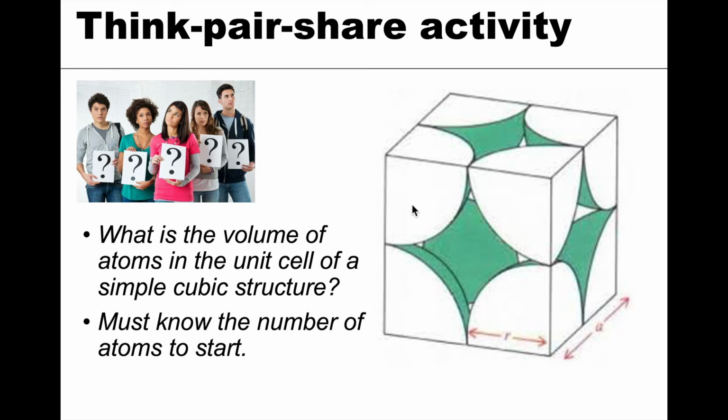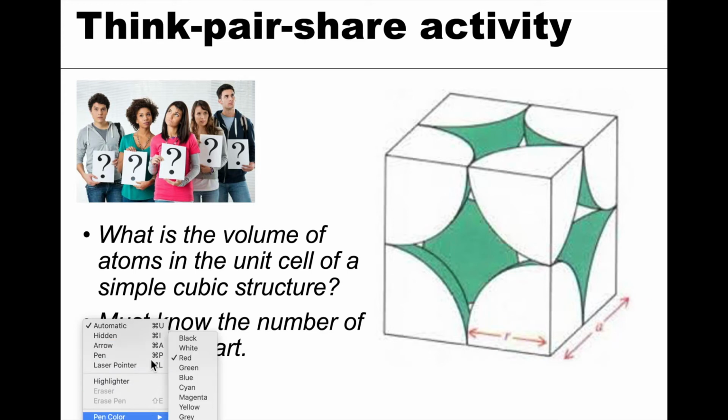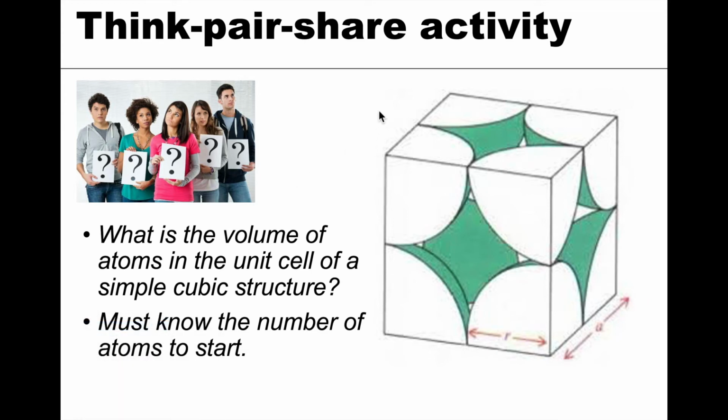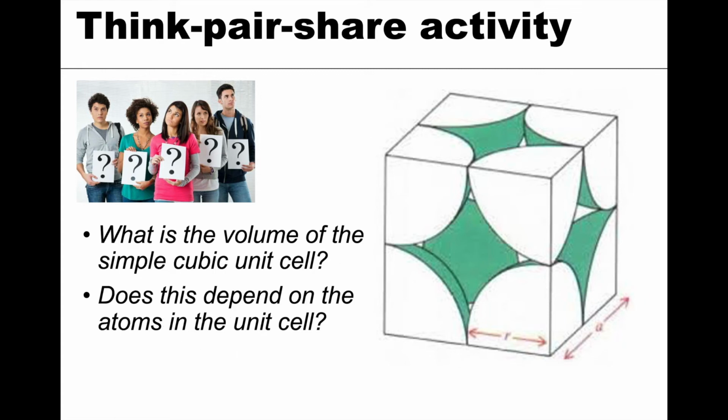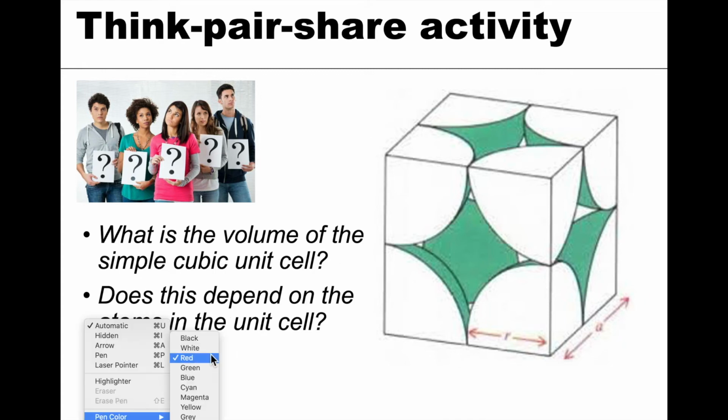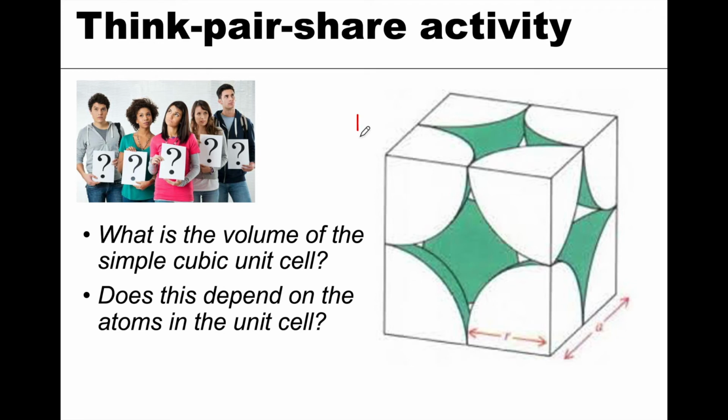You might draw this out and see if you can prove it to yourself that this is 1/8 here. So let me draw this real quick. So that is 1/8. All right, so this is 1/8 of an atom.